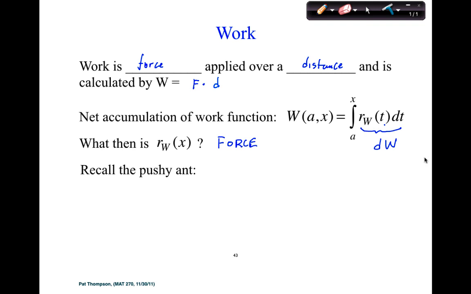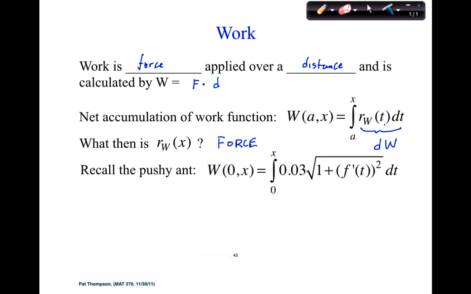Okay, so for the pushy ant, we had this. So here's our rate function. What is that rate function? What quantity is that? Force, right? But the ant was pushing with a constant force of 0.03, so why all this stuff?